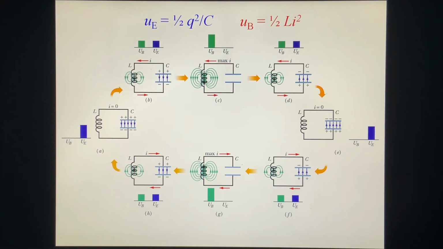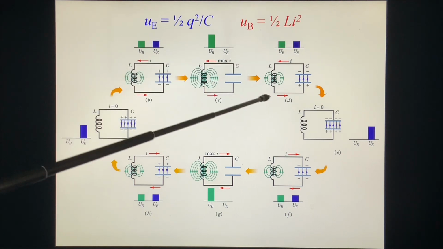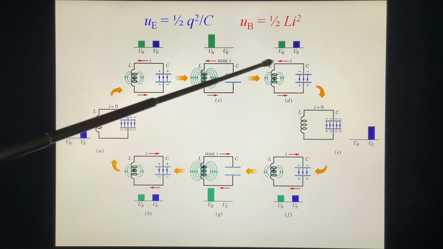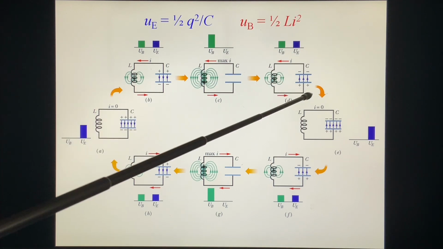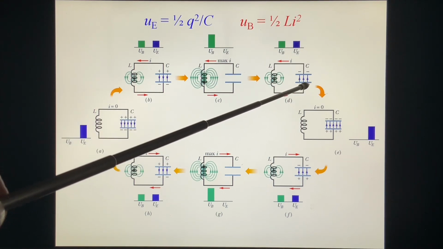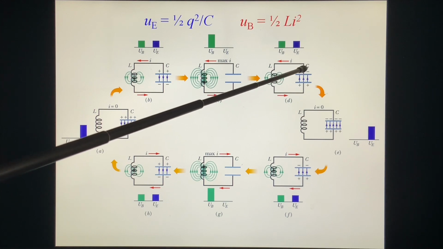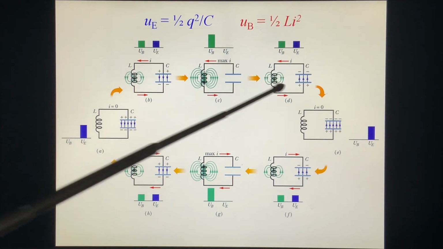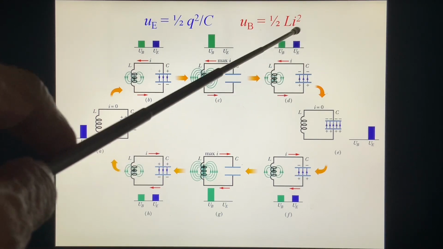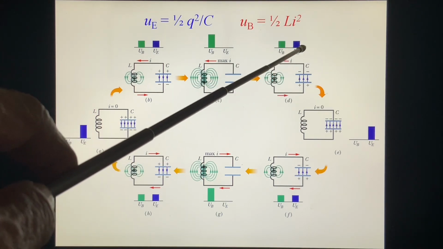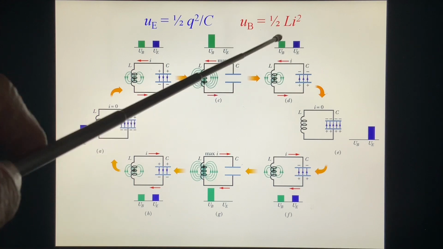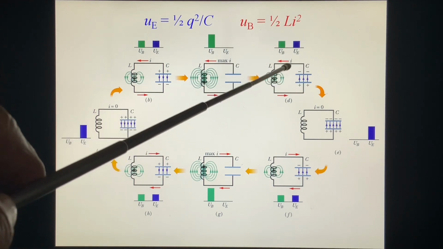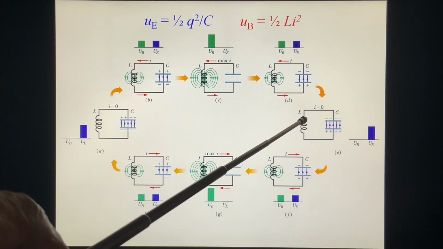And then, because of the inductance L, the current will not stop, but gradually reduces. The positive charge accumulates on the bottom plate and the negative charge on the top plate of the capacitor. We will see that the electric field energy increases and the magnetic field energy decreases until i equals 0.